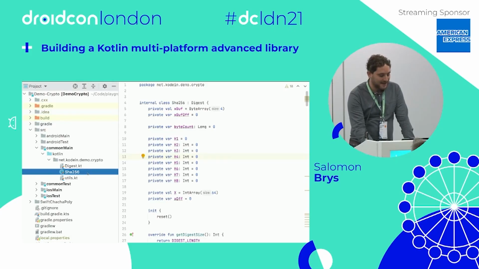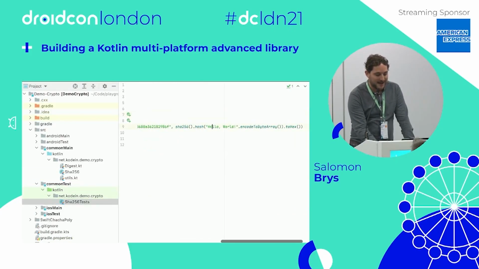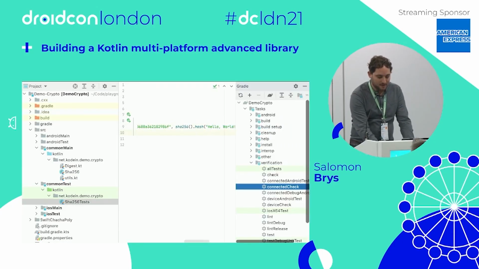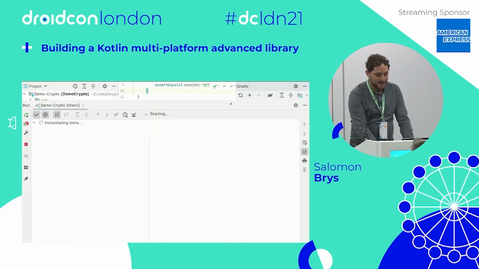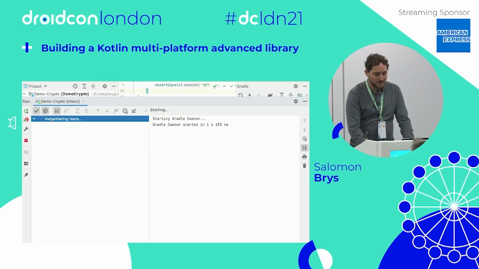Nevertheless, I did, and I wrote a simple test which tests the hash of hello world. Okay, let's run this. I'm going to run the check method, and then we'll see that the test just works.